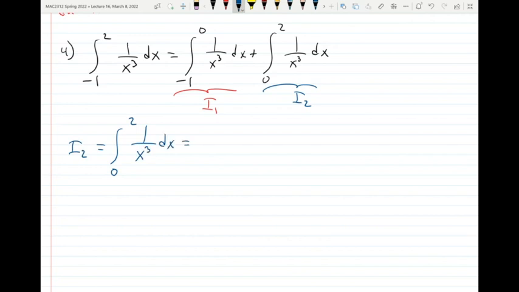Who can tell me what I should write here? The limit as a approaches 0 of the integral of 1 over x cubed dx. What else? There's several things missing here. The limits would be from a to 2.